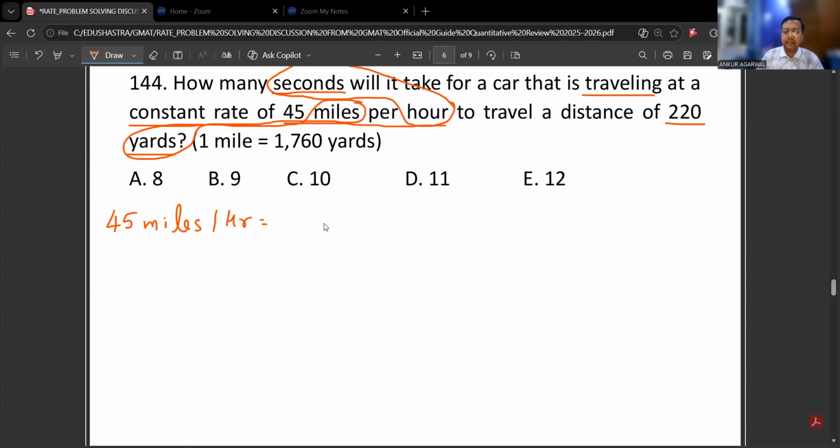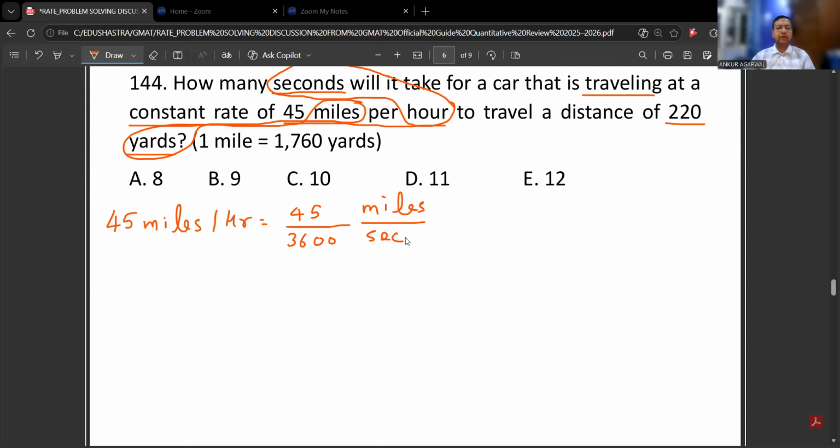Convert this into seconds first, right? One unit at a time. So 45 divided by what? 1 hour is 60 minutes and 1 minute is 60 seconds, so this is divided by 3600. And this is miles per second, right?